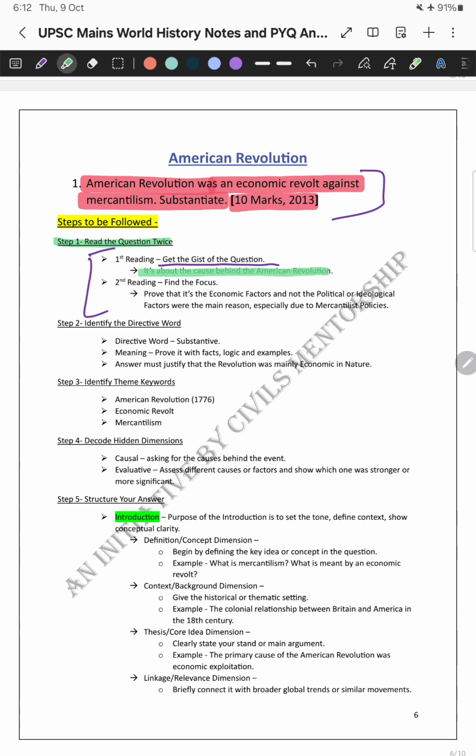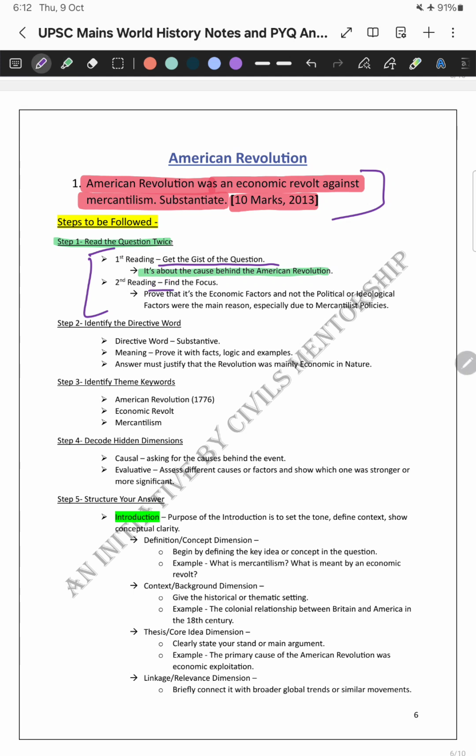It is stating about the cause. It's about the cause behind the American Revolution. Simple enough. So on the first reading, you just understood the gist of the question. Now you are coming to the second reading.